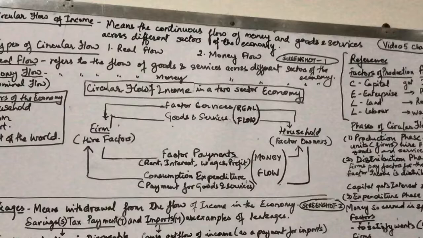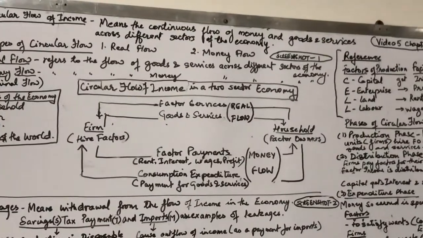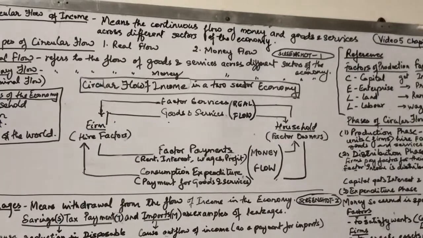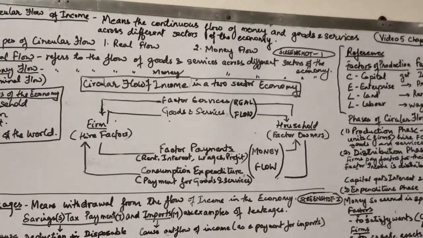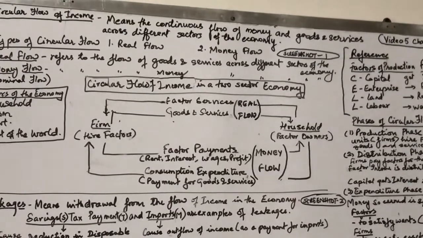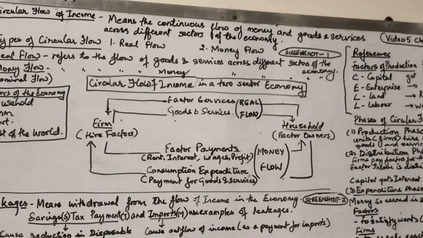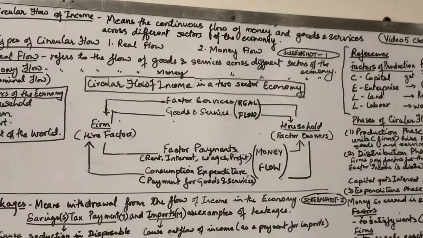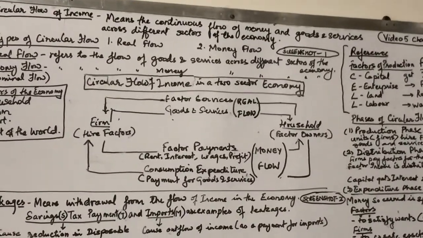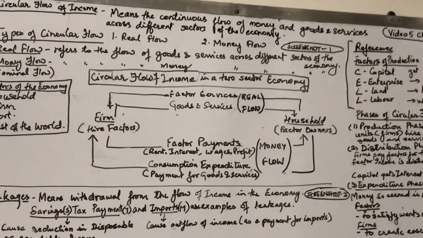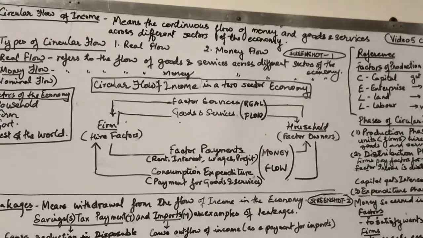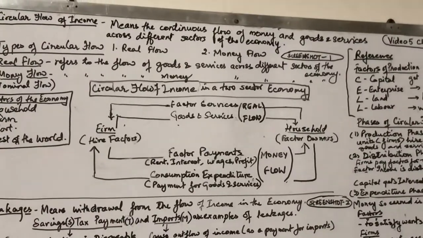Once the payment in the form of money for factor services is made from the firm to the households, there is money flow from firm towards the households, and then in exchange for goods and services, the payment is made by the households to the firms. So in a way, there is a forward movement and a backward movement in a circular way for goods and services as well as money, which we term as the circular flow of income in the economy.